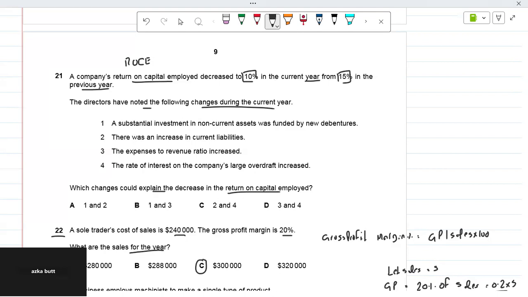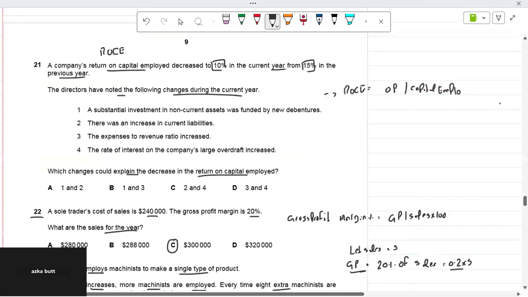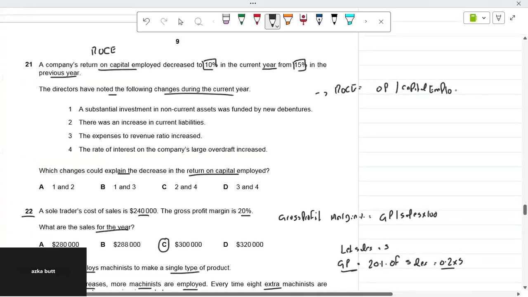So what is the formula for ROCE? The formula for ROCE is equal to operating profit divided by capital employed multiplied by 100. And what is the formula for capital employed?